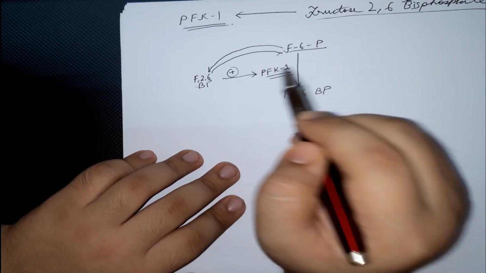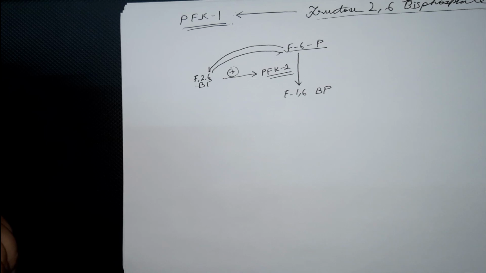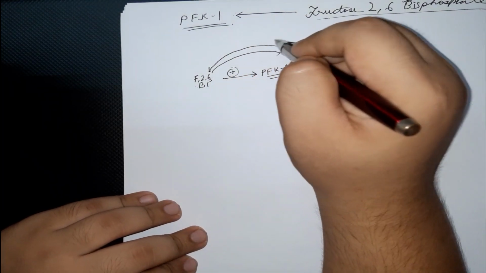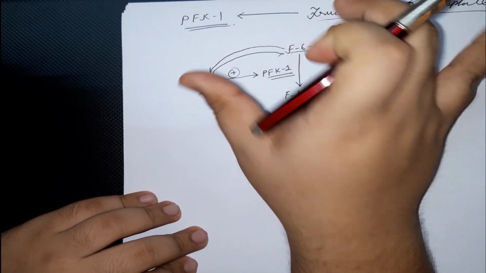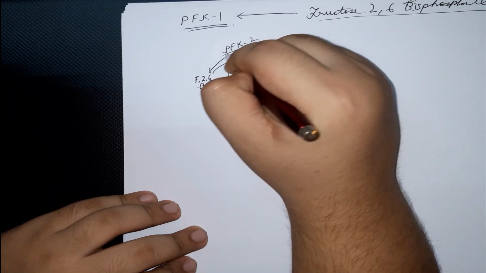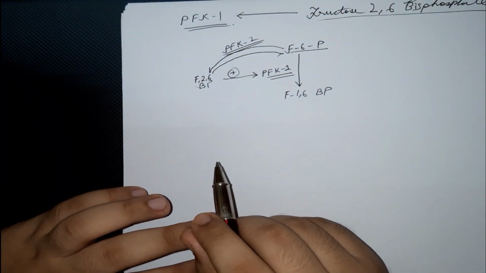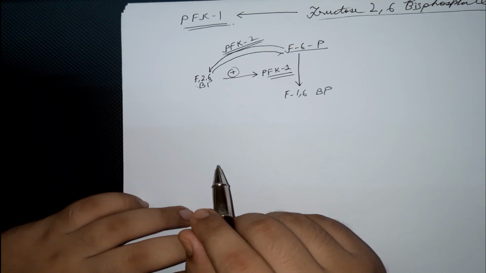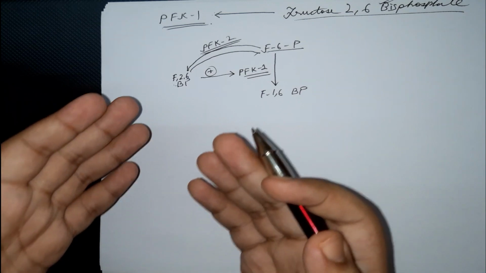So this itself is coming from fructose 6 phosphate. Very, very important. And do you know what the enzyme which facilitates this conversion is? Yes, PFK2. I have said very, very important at least 30 times in this discussion, because everything is very important and I'm very paranoid about details.